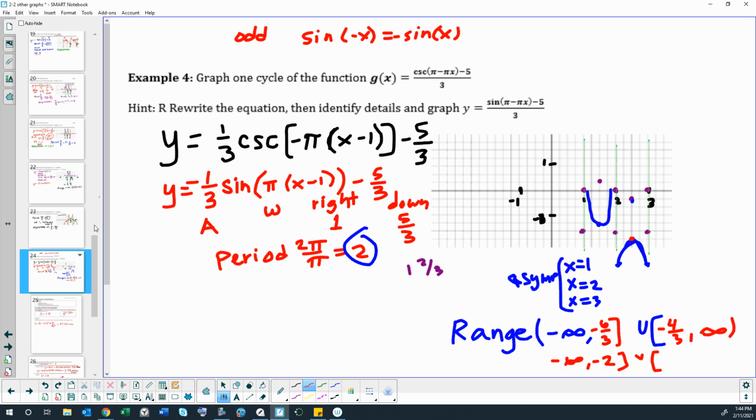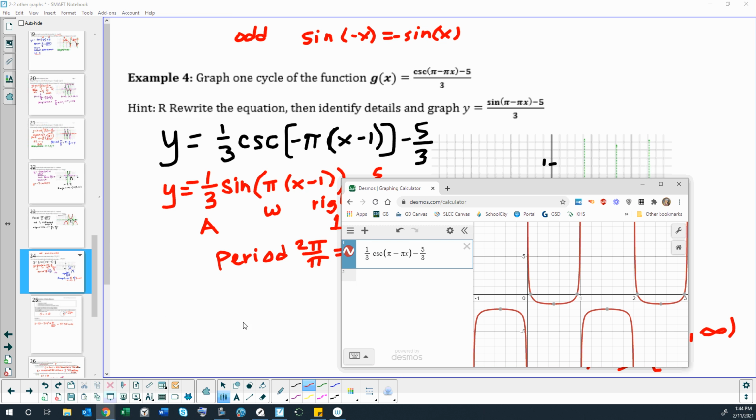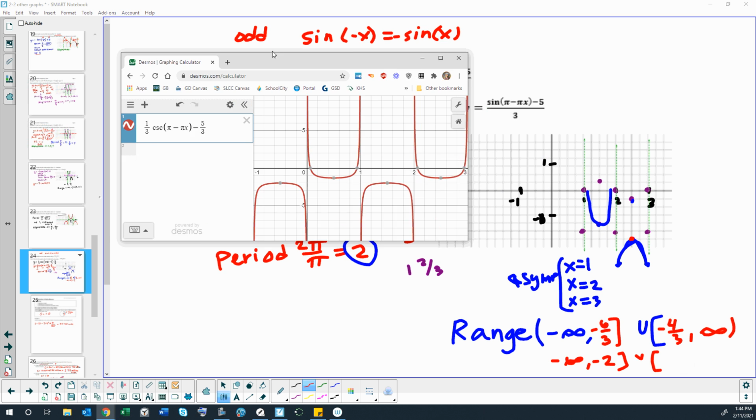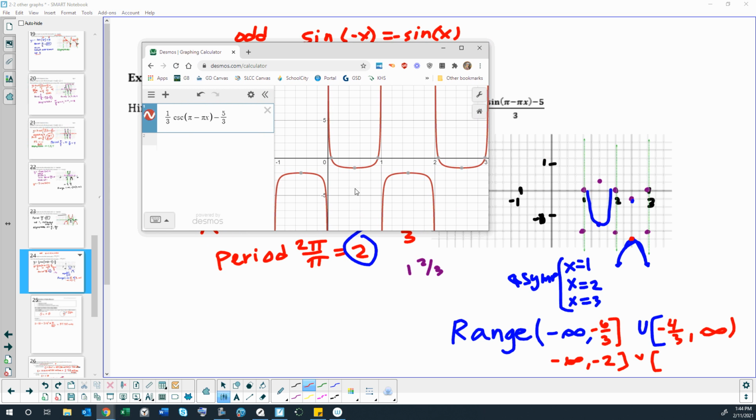Now, I went ahead and graphed this on Desmos earlier. So let's compare this graph to what I got when I did this on Desmos. I highly recommend Desmos to help you just verify that you're graphing things correctly. So this point here would be in a piece of the graph. No, this is telling me that I've done this wrong.